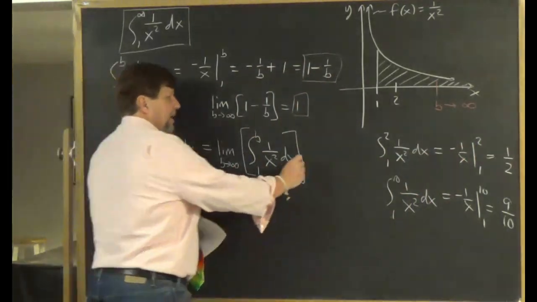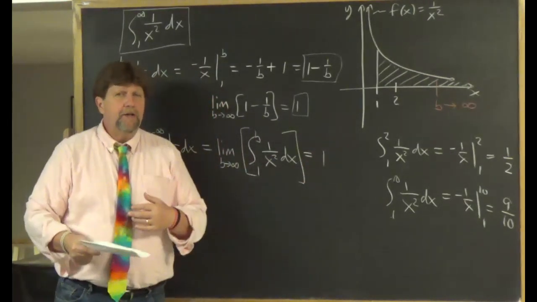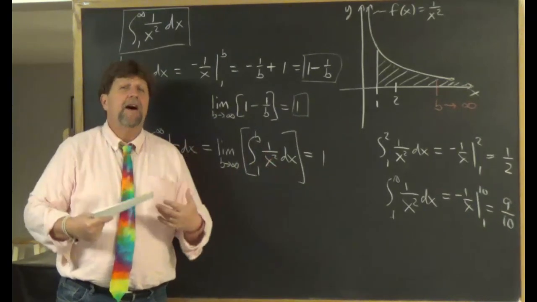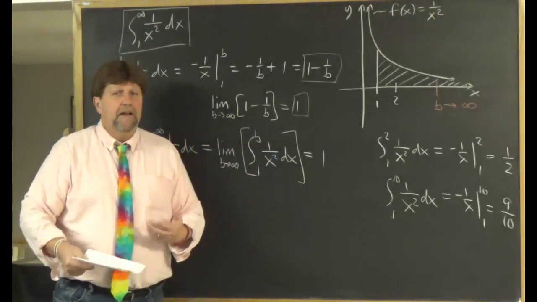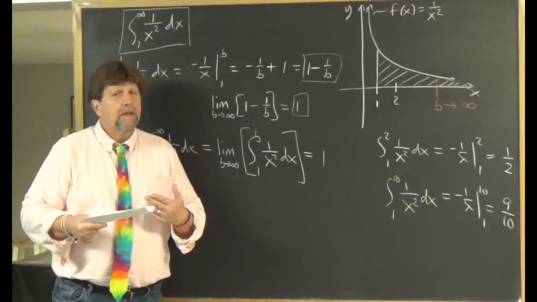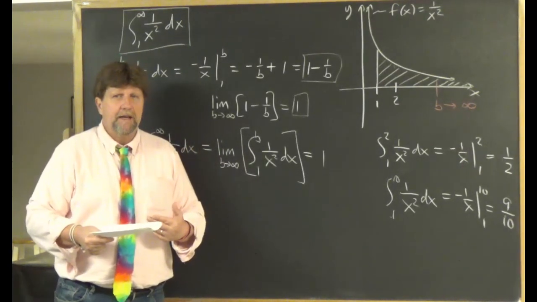We just determined this is 1. And it may go against your intuition that a region that is unbounded has a finite area. And that's because infinity is involved, folks. So when infinity gets involved, sometimes our intuition breaks down and we have to rely on the mathematics.